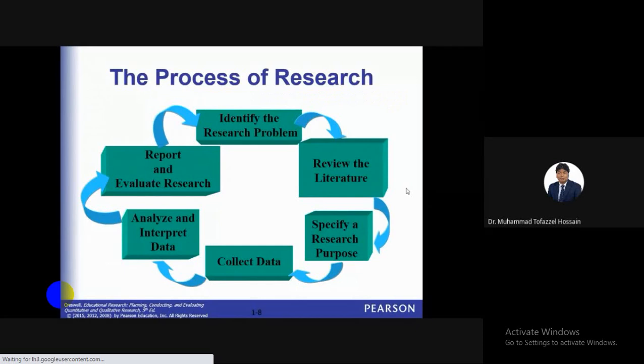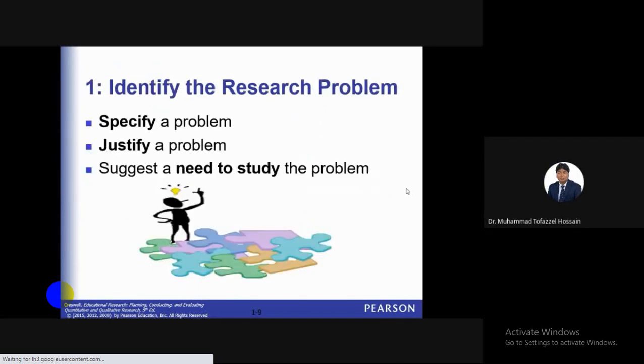Got the idea? Yes, sir. So according to your research purpose, you will collect the data, and after collecting data, you will analyze and interpret data, then you have to report and evaluate research. So that is the research process.